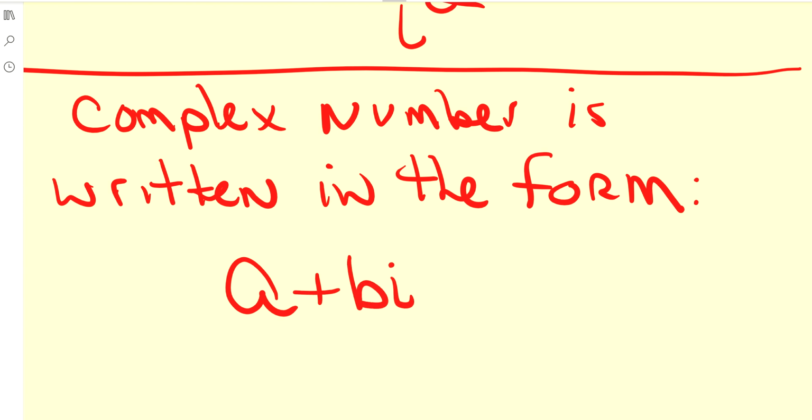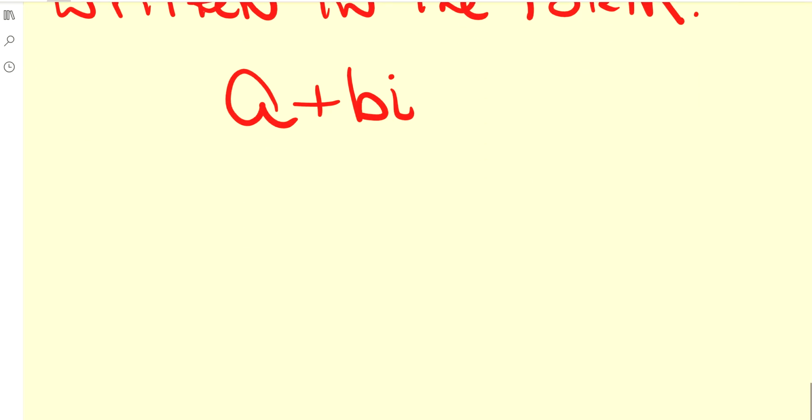We're going to have to write our answers in a plus bi form. What it says: a and b are real numbers, and i equals the square root of -1. So the form a plus bi is called standard form for the complex numbers.